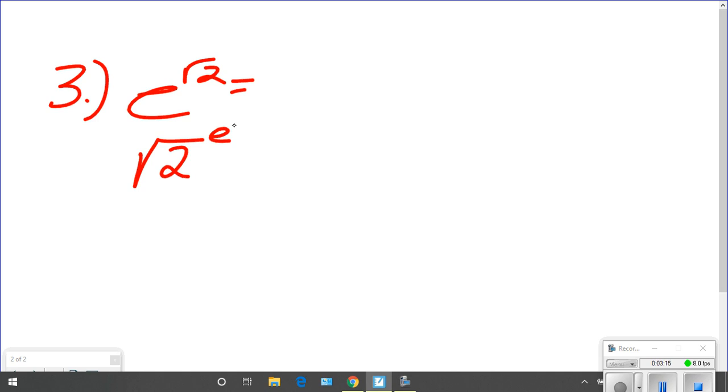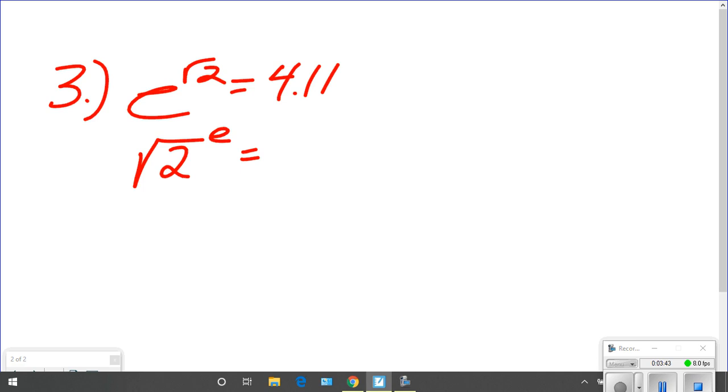Now I'm looking for my e button because it's been a while. e to the answer equals. And this guy was 4.11. Then the next one, I'm just going to do different parentheses. I'm going to do the square root of 2 and then close that parenthesis.